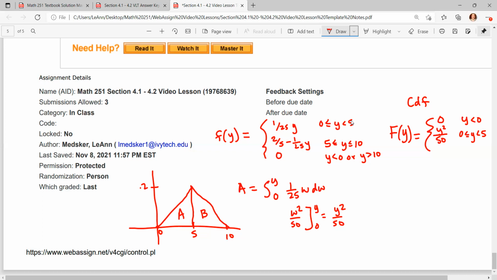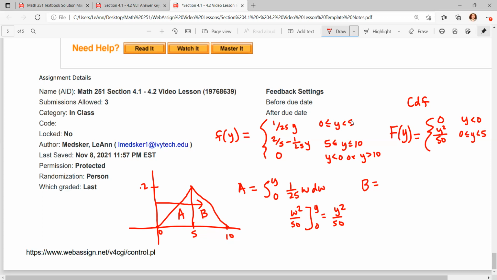Okay, so for this next part, you're going to be looking at B, which is going to be a combination of, if we're talking about the CDF, whatever happened in A up to a certain point here. We're letting it be Y because we're saying, okay, at some point here, we don't know where we're going to stop.